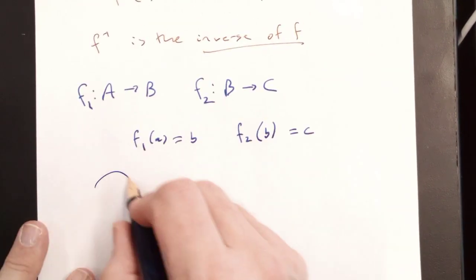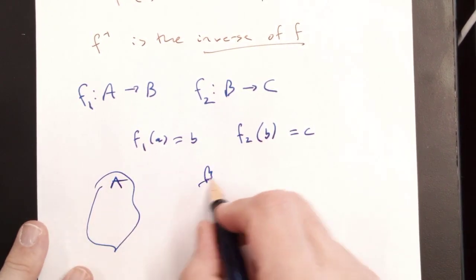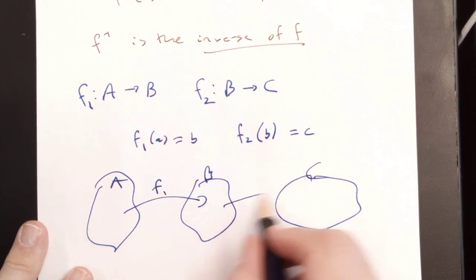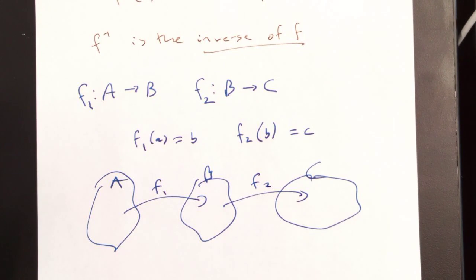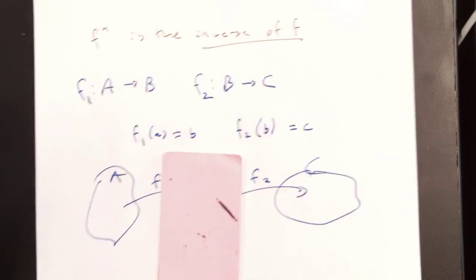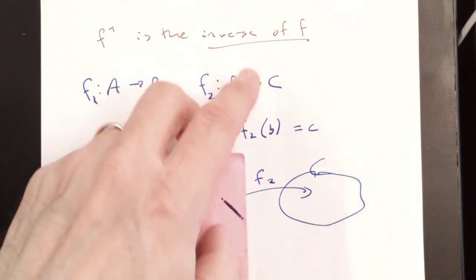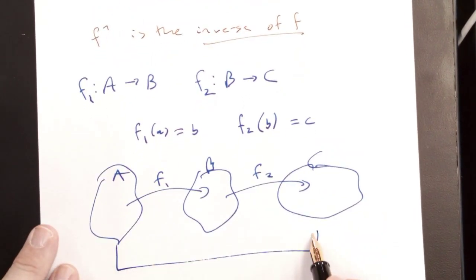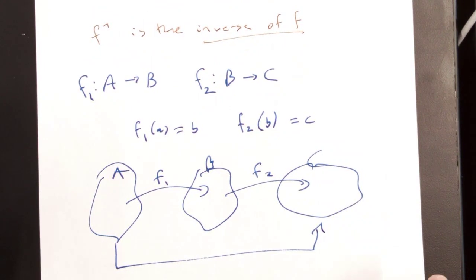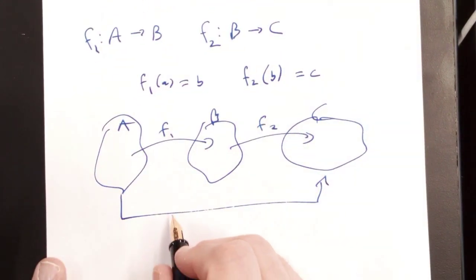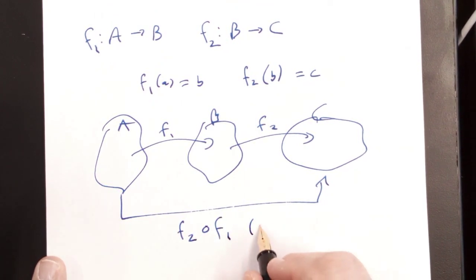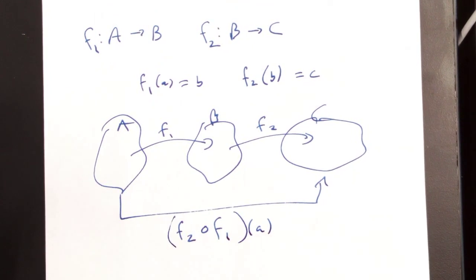In my pictures, A, B, C, this is f1, this is f2. I want to cover that middle step up and go directly from A to C. That function is the composition f2 composed with f1.